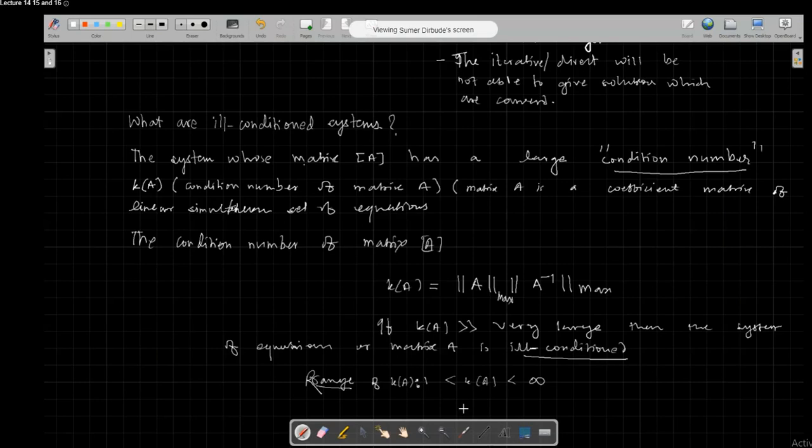So ill conditioning needs to be removed, and that depends upon the matrix A and the max norm.